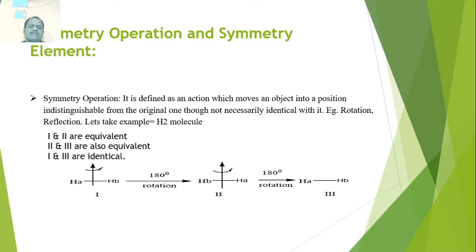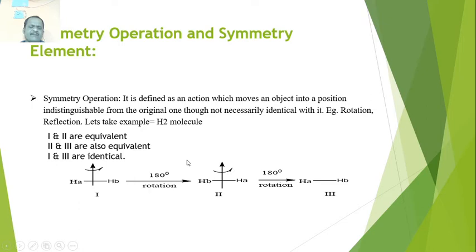Again, when you rotate the second configuration by 180 degrees, you will get the third configuration. So second and third are again equivalent, and first and third look the same, which is nothing but identical. So first and third are identical, first and second are equivalent, second and third are equivalent.